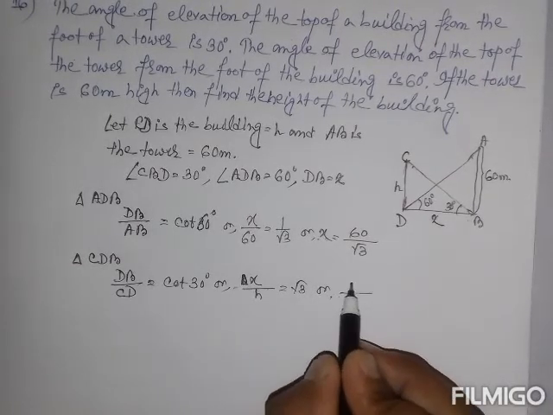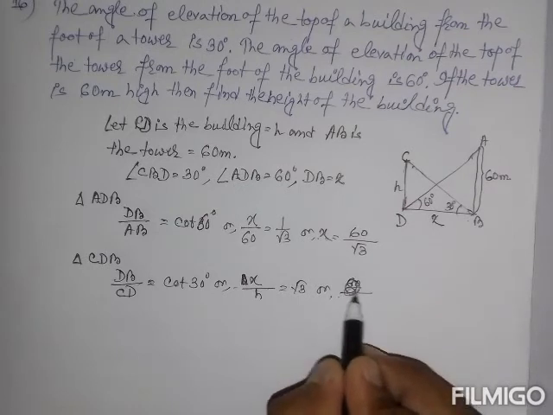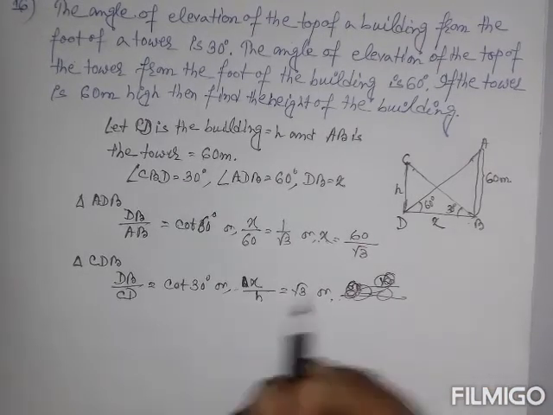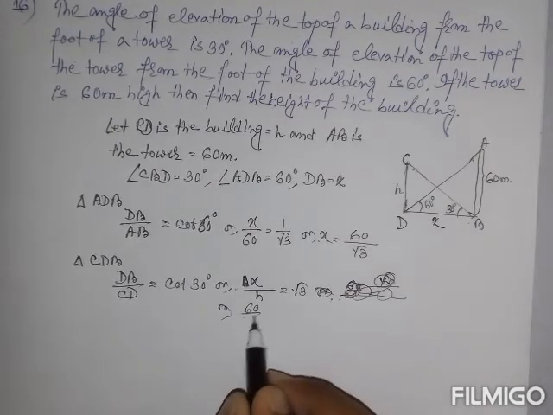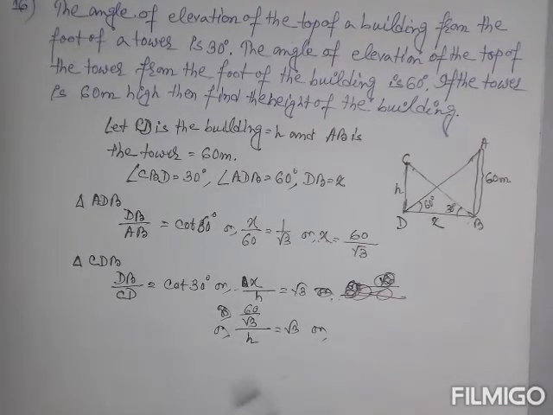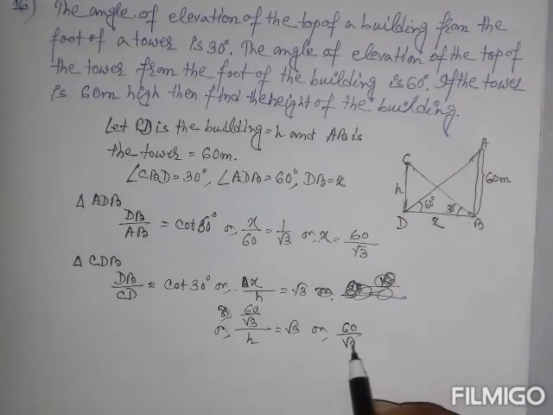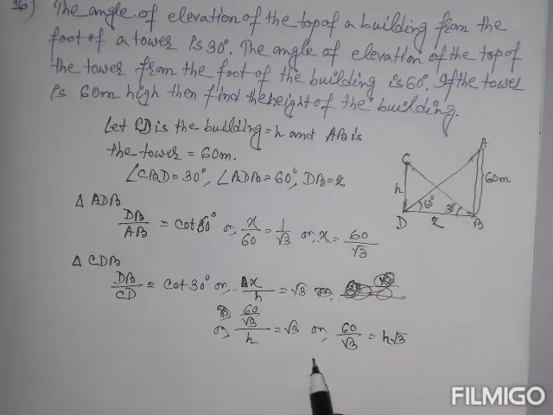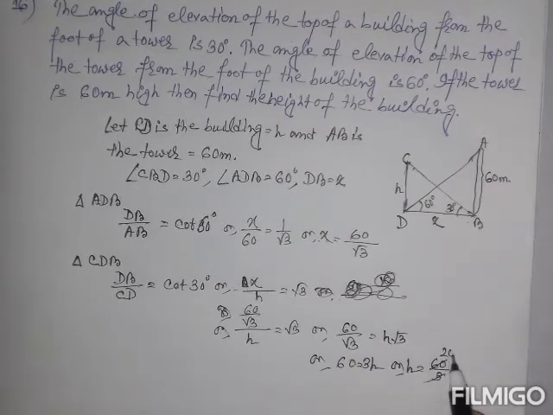Or we can put the value of x here. The value of x is 60 by root 3, so 60 by root 3 by H is equal to root 3, or 60 by root 3 is equal to H root 3, or 60 is equal to 3H, or H is equal to 60 by 3, or H is equal to 20 meter.